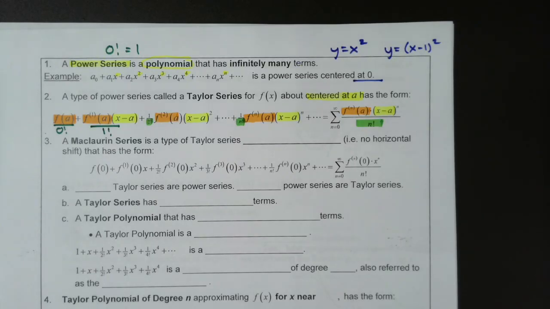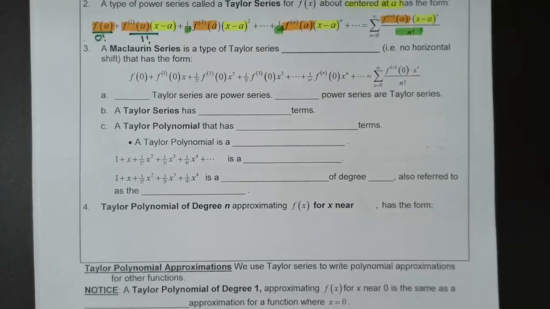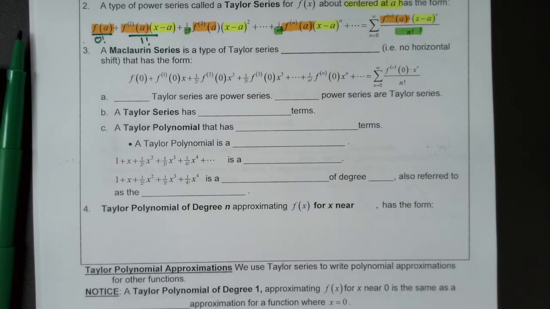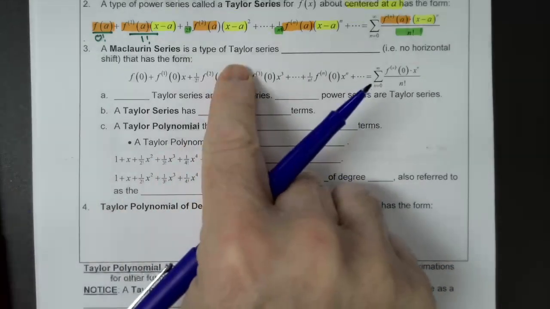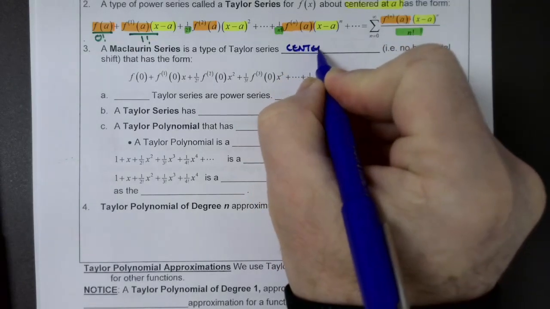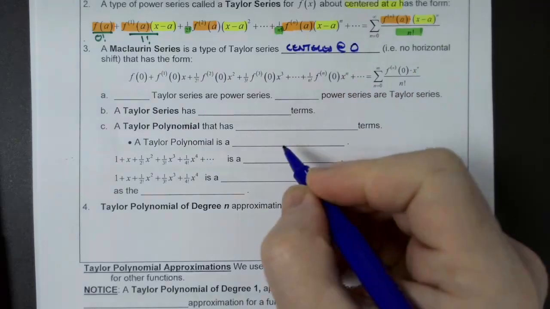Taylor series, Taylor series. Now, if you were a really cool guy like Maclaurin, and you wanted to kind of say, hey, Taylor, you're pretty cool, but I want to be cool too, then what you could do is say, hey, wait a second, I'm going to take this Taylor series and I'm just going to keep it centered at 0.